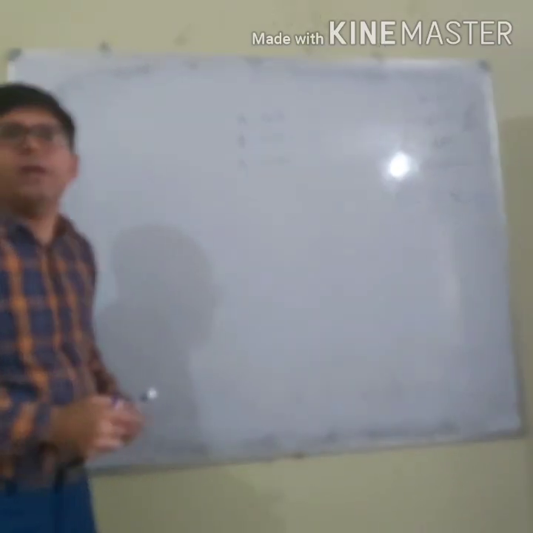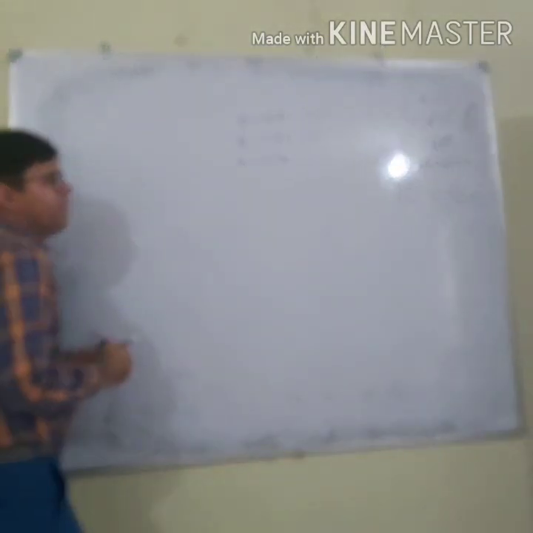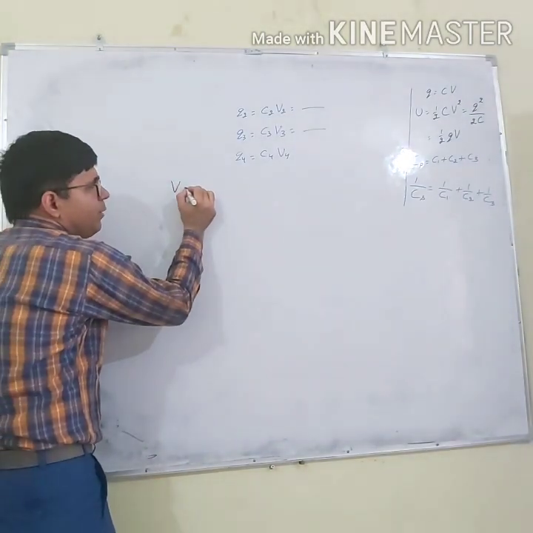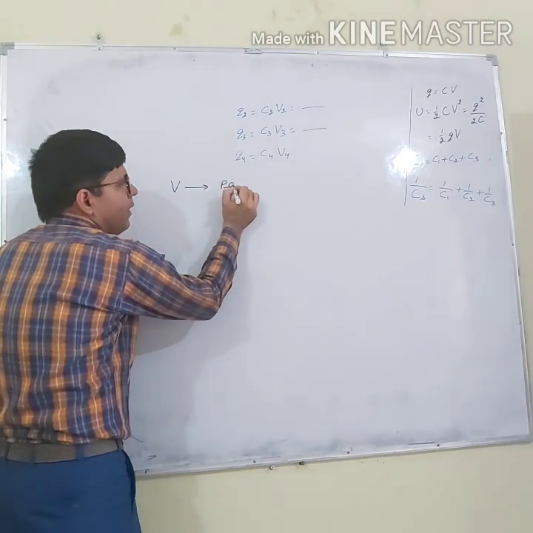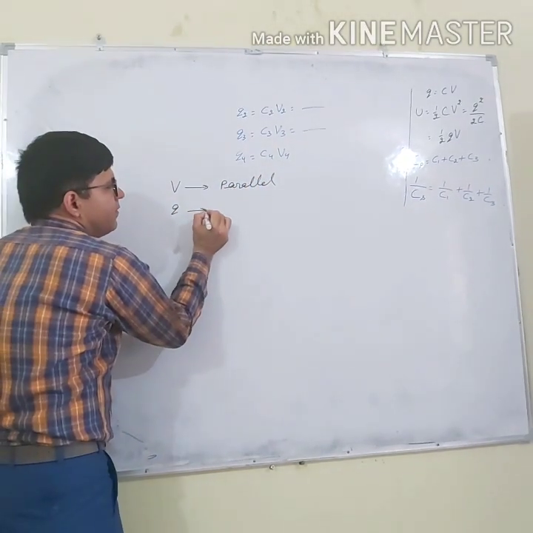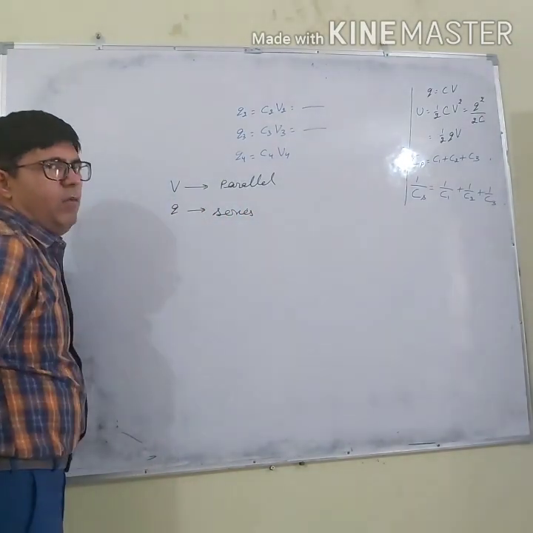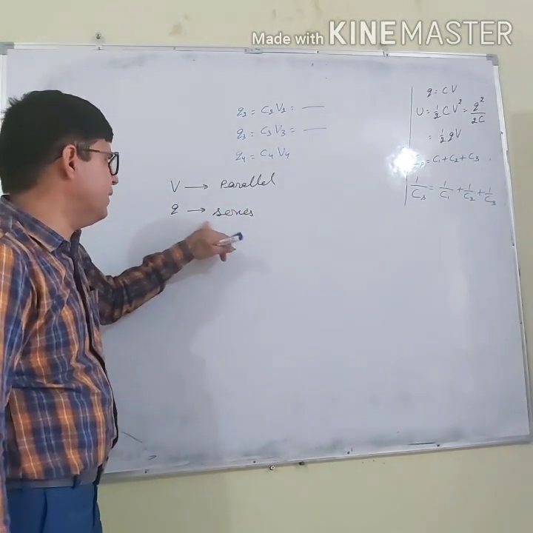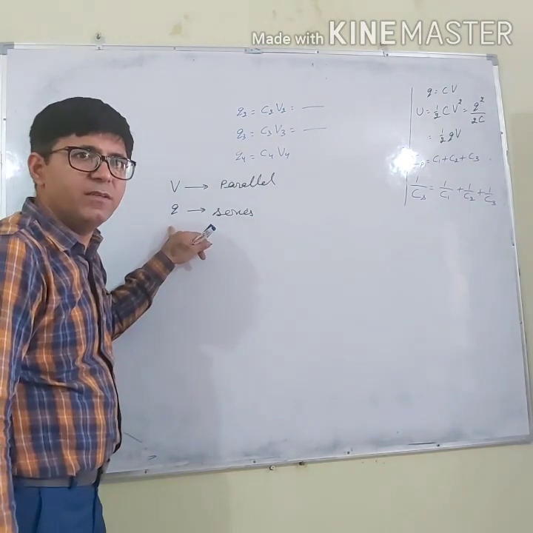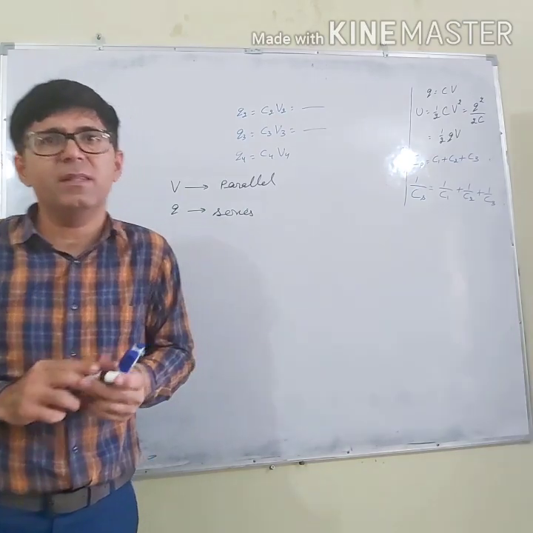Now I am recapitulating how we can solve this question. Use the fact that potential remains the same in parallel and charge remains the same in series. How will you remember series? What voice is coming? C. C stands for the charge. So charge remains the same in series and potential remains the same in parallel.